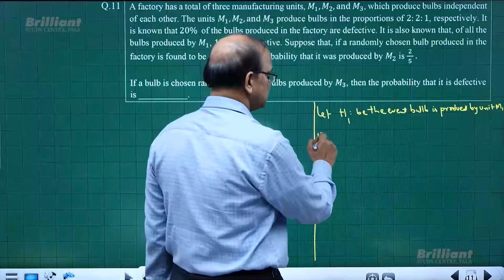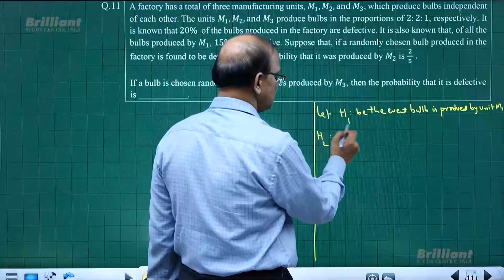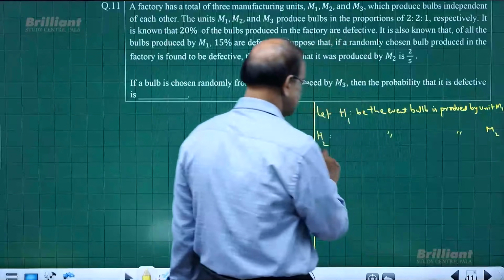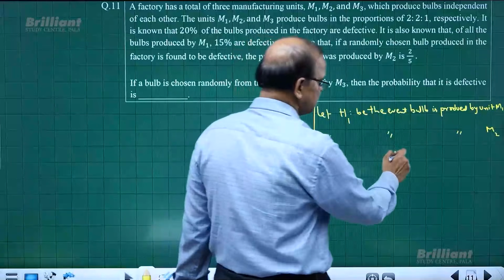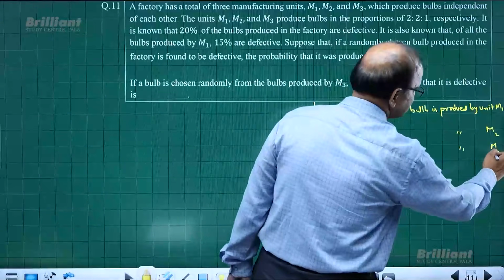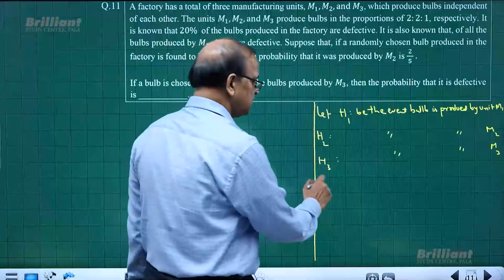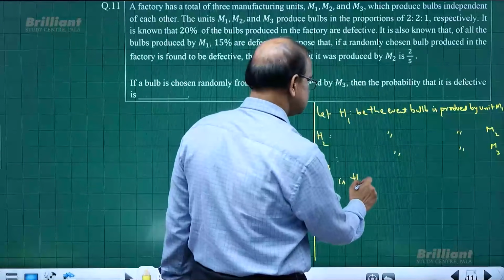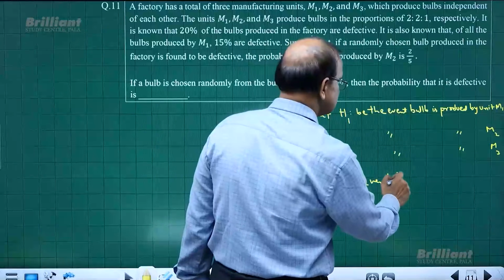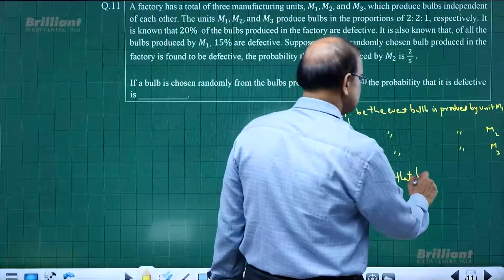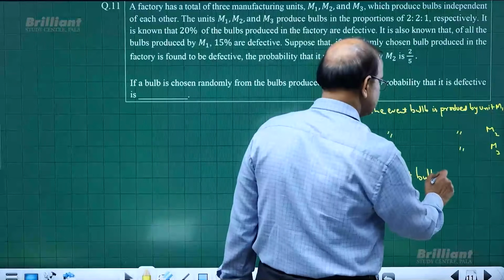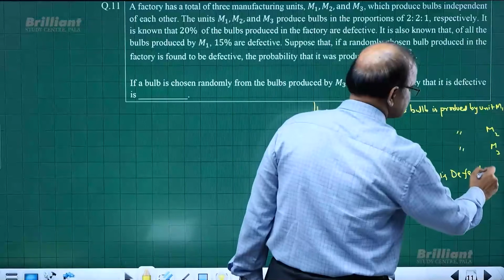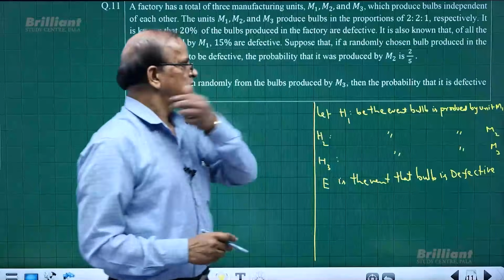Similarly H2 is by M2, H3 is by unit M3. And let E be the event that the bulb is defective.